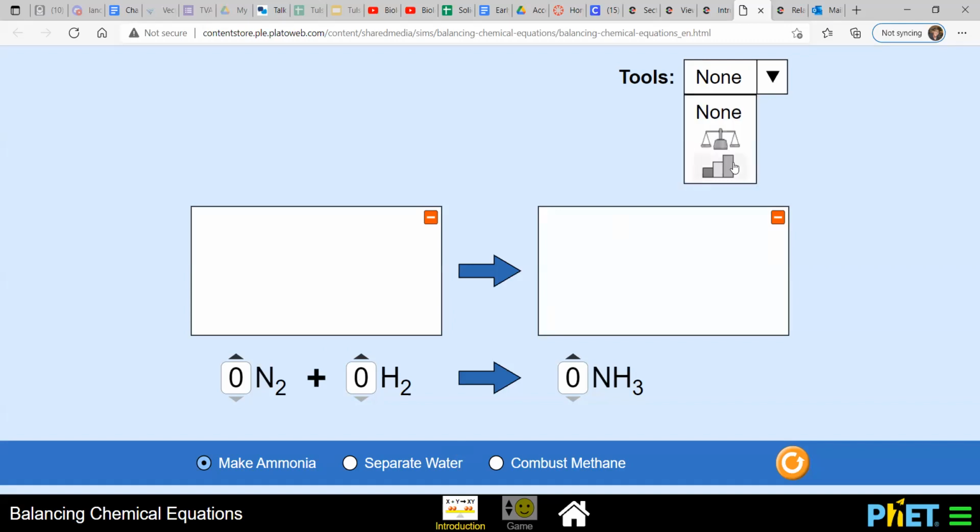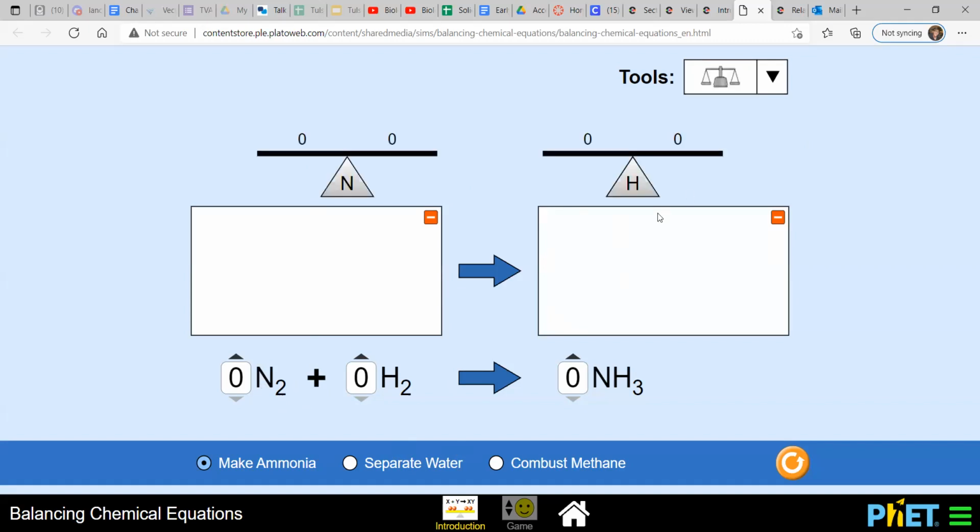All right, when you get to this screen, we have these molecules set up in an equation-like fashion, and you have various tools you can use. You can have none, but I like to use this scale because it's a very nice visual for what is happening on either side of the equation. You need the same number of molecules and atoms on this side as you do on this side.